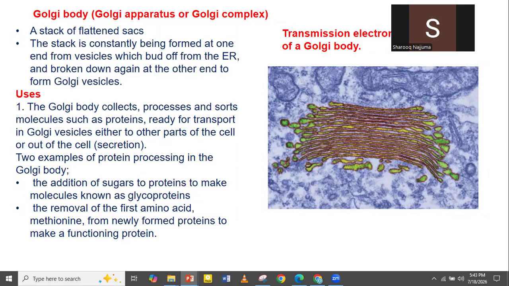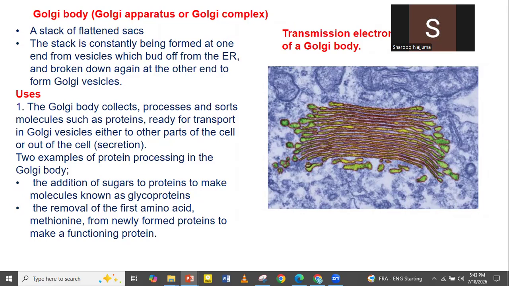So how are these proteins, particularly, how are they modified? Number one, sugars can be added to those proteins. Remember, proteins are only made up of amino acids, but there are certain proteins that have carbohydrates attached to them.